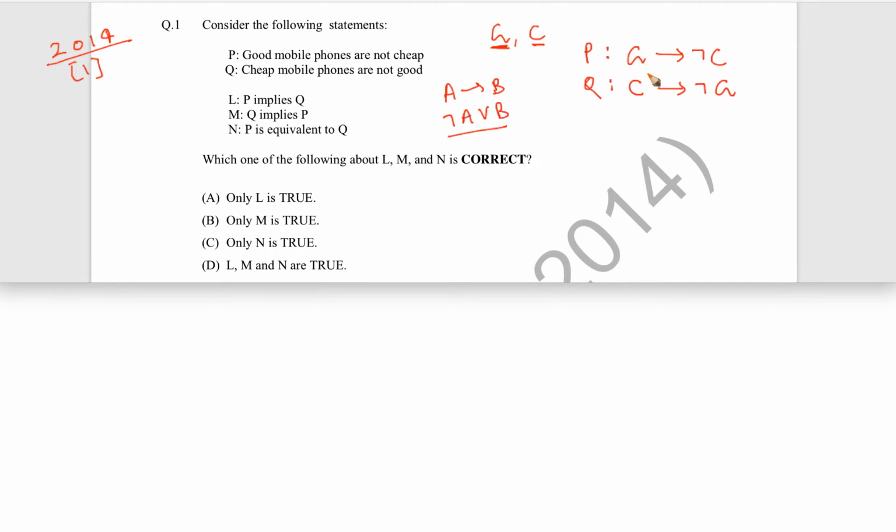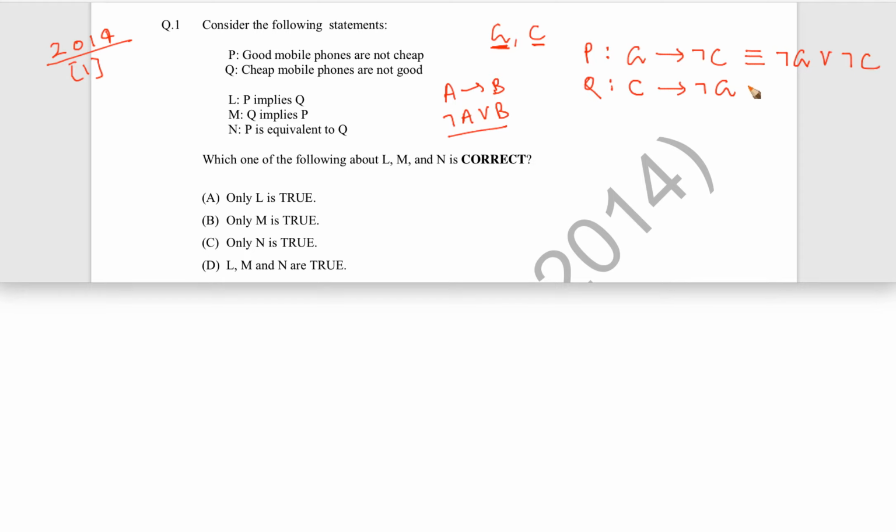So when we convert the implication to an OR formula, we write not of the first, or as it is the second. So P means not G or not C.